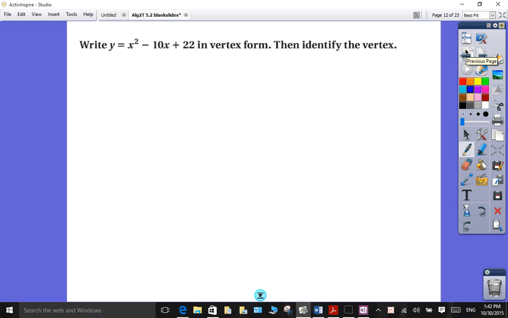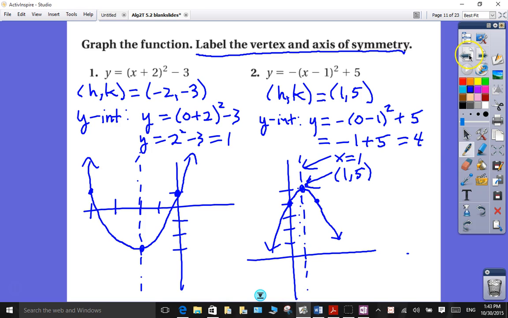So let's say that I have, like on the previous slide here, what if I wanted to put either one of these two into the standard form? They're in the vertex form now. What would it mean to put them in the standard form? That's linear. We're talking quadratics now.